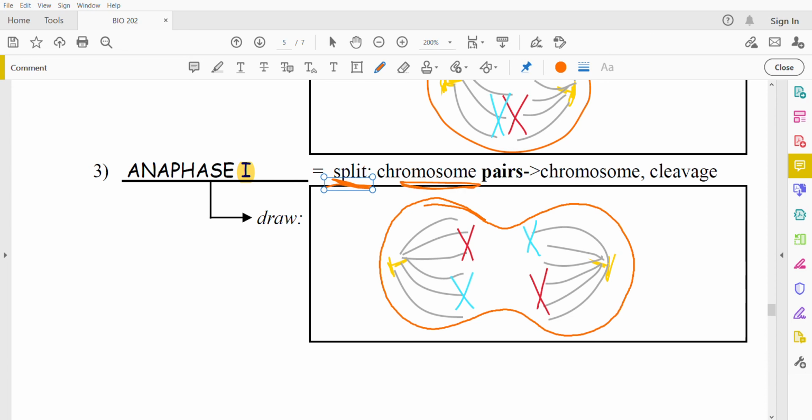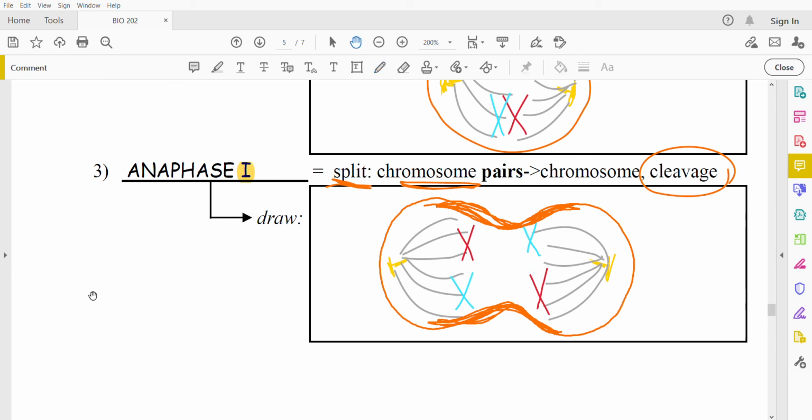And as a result, we end up with chromosomes on each end. You also notice that the cleavage starts to form, so this kind of pinching off the cell wall when we're getting ready to produce two cells. We saw that before too.